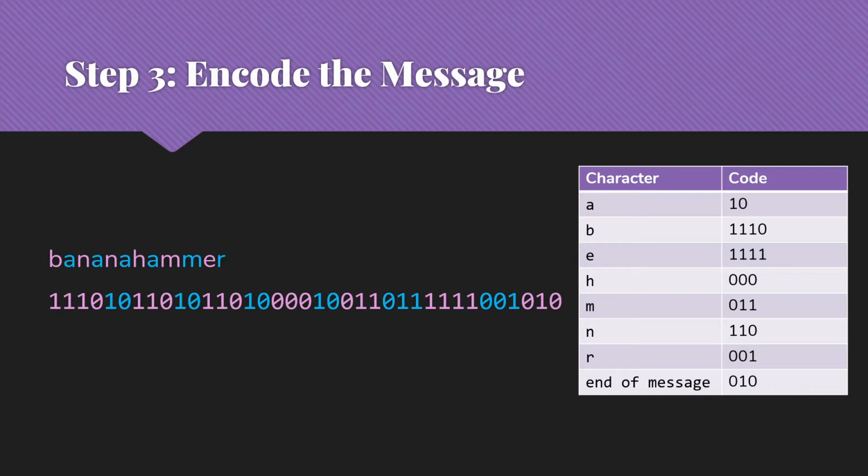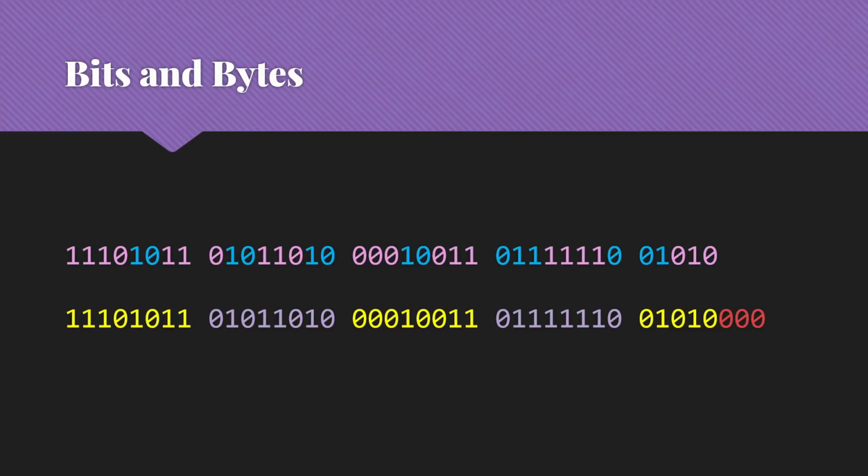Now we do have one other complication here, and that is that we don't write bits to files. We write bytes to files. So we need to deal with these as bytes. We will need to take our sequence of bits and separate it out into bytes to actually write it to the file.